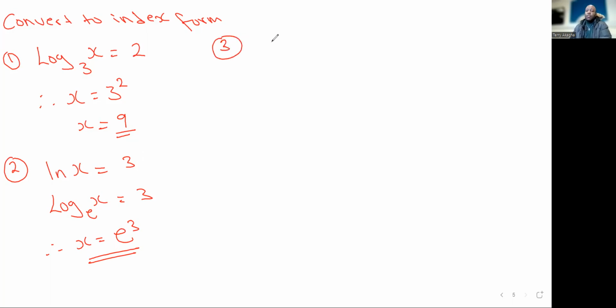So number 3, let's assume we have log 2 to base 4 is equal to x, okay? So the same thing, you can say 4 to power x is equal to 2. Are you seeing it? Then I'm going to talk about this later, but you can also break this down.